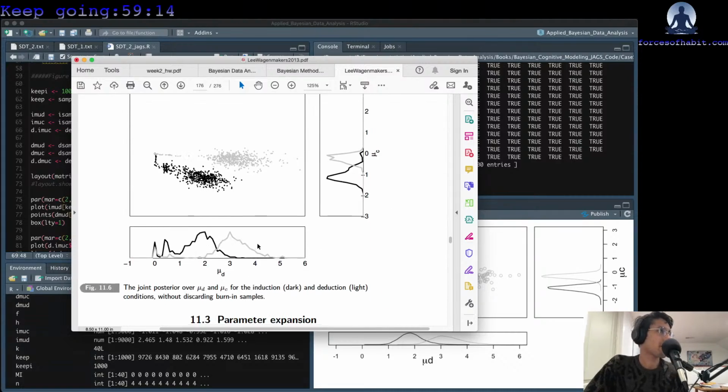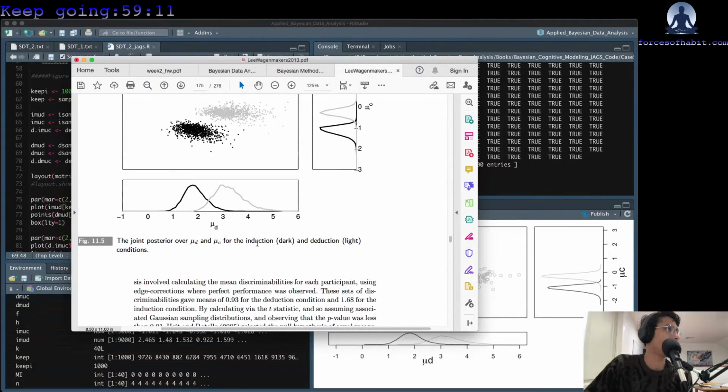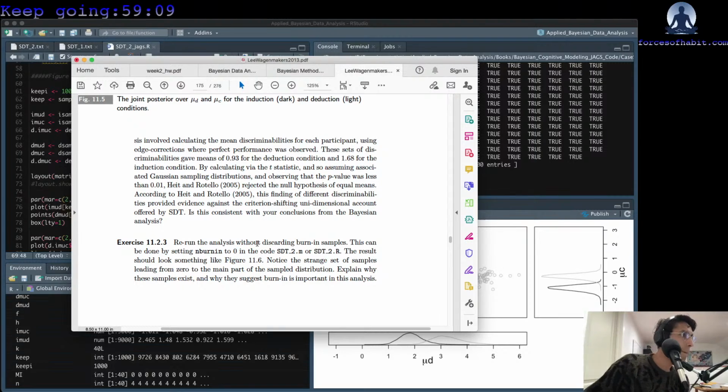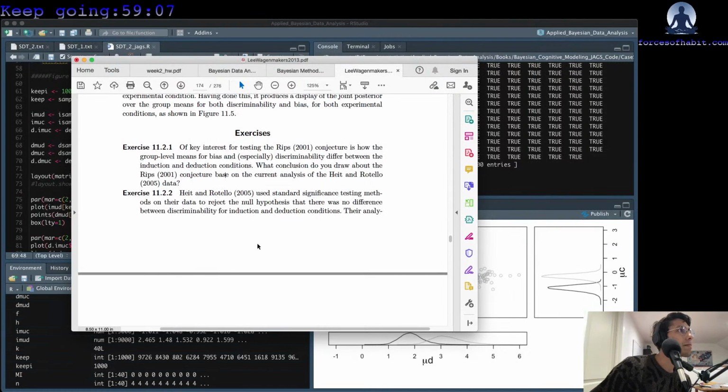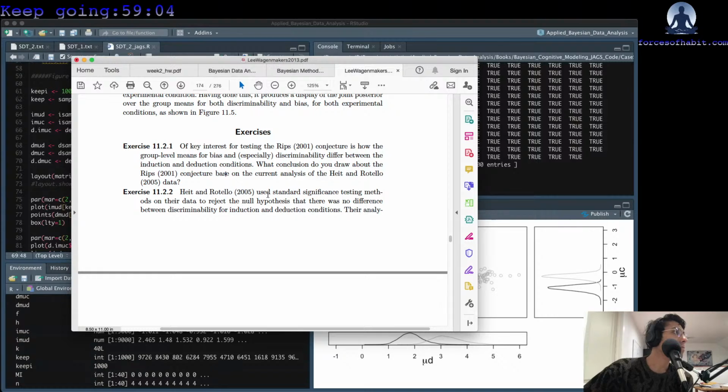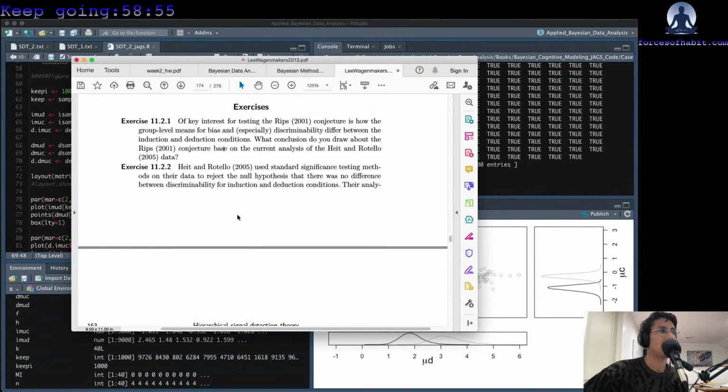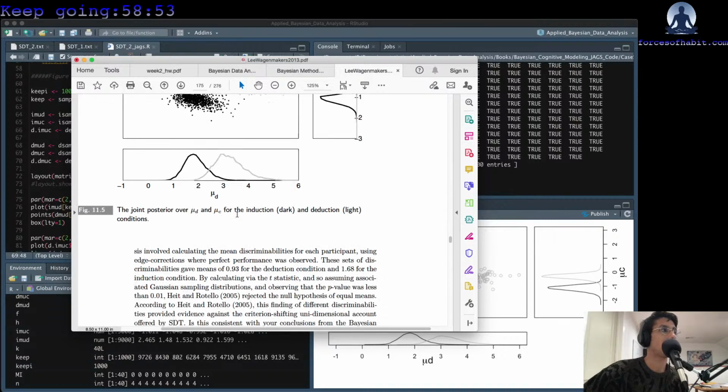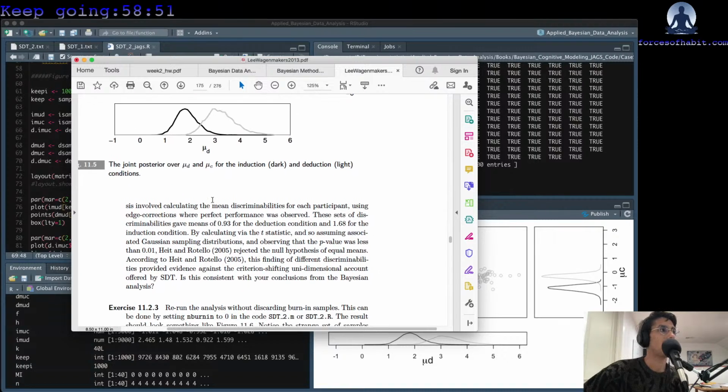Okay. In Rotello, they used standard significance testing methods on their data to reject the null that there was no difference between discriminability for induction and deduction. Their analysis involved calculating the average discriminability for each subject using edge corrections where perfect performance was observed.